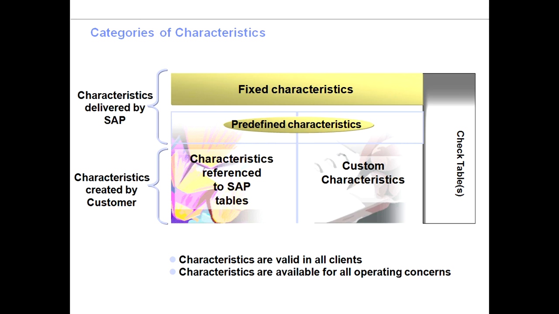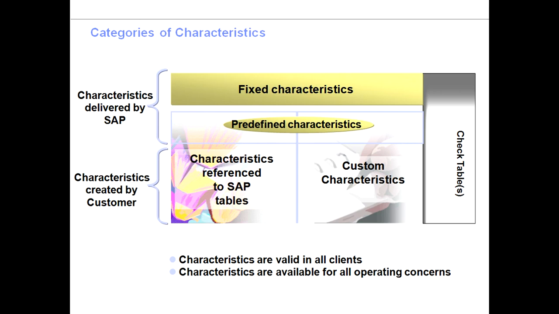Now, these are the ones that can be used straight up, and we don't have to create something new for our reporting requirement. Again, these are different from fixed because in case of fixed characteristics, you don't have to assign them to your operating concern. But predefined characteristics will only start working when you assign them to your operating concern.